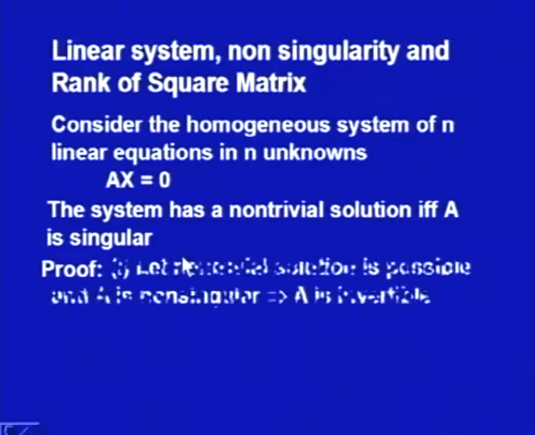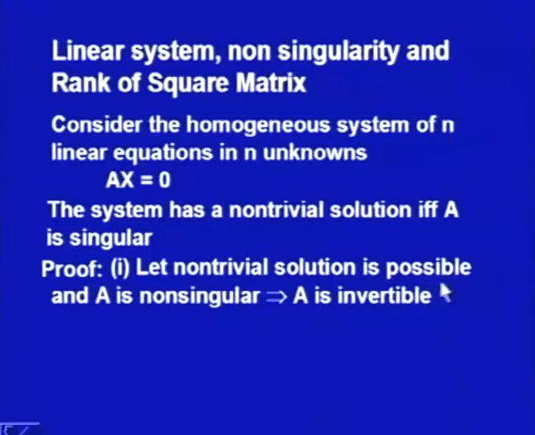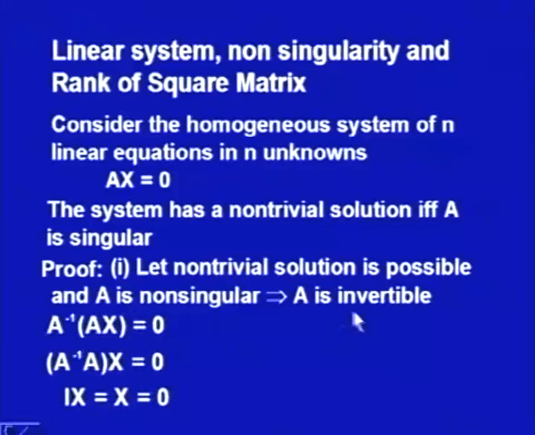To prove this, we first assume that a non-trivial solution is possible for this system and A is non-singular, so A is invertible. Since A is invertible, we can multiply by A inverse. So, A inverse Ax is equal to 0, and A inverse A is identity.